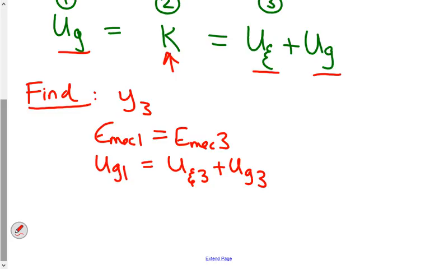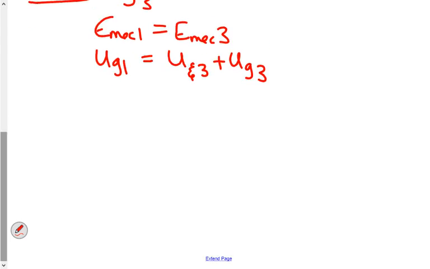Okay, you with me? We good? All right. So, what's my formula for gravitational potential energy? mgy. So, when we're talking about position 1, it's going to be mgy1. What's my formula for elastic potential energy if I let y equals 0 be the relaxed length of the spring?